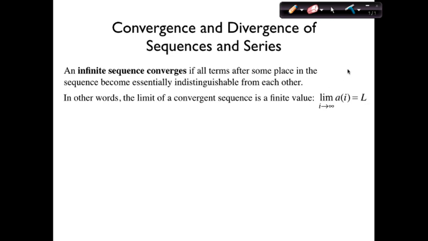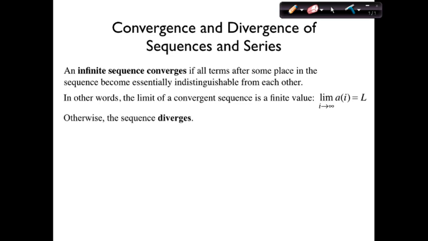Pick any degree of closeness to L. Values of the sequence will get within that degree of closeness and then never leave it. But then pick another, smaller degree of closeness and take it out further down the sequence, and you'll get within that degree of closeness.